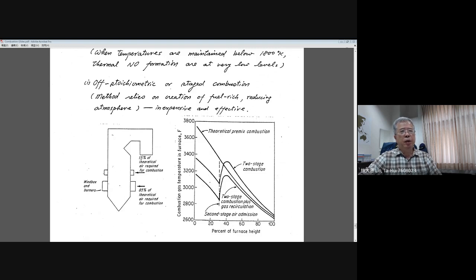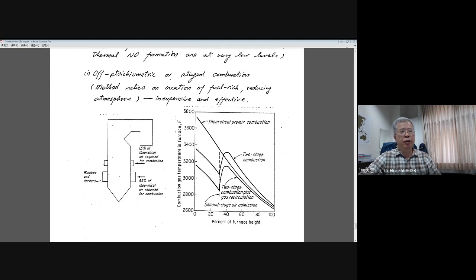This is a typical plot to tell you here. This is the percentage of furnace height represented by the horizontal axis from 0 to 100. Originally, if you just use one stage, that means you perfectly mix your fuel with the required air, then the temperature will decrease from the lower portion here from 0.